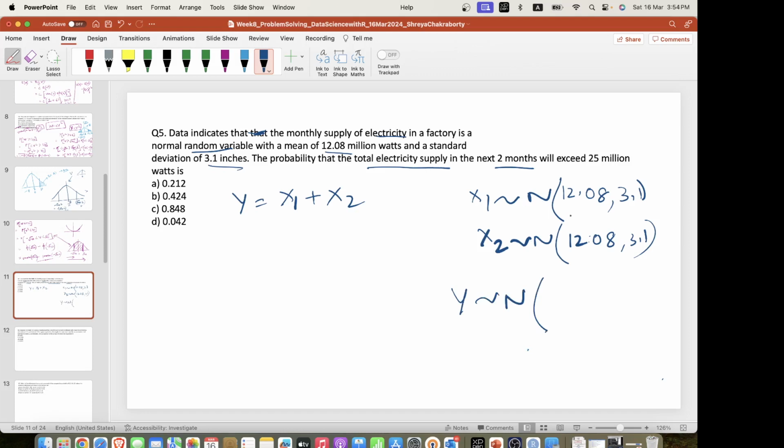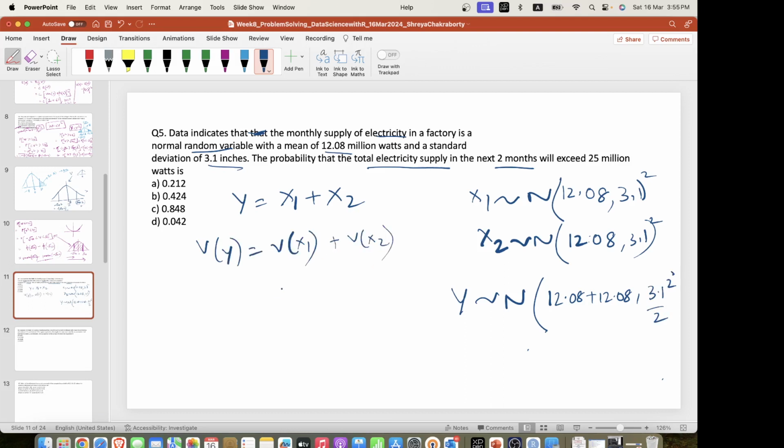The mean will be 12.08 plus 12.08, and the variance is sigma square, 3.1 square times 2, because the variance of Y is the variance of X1 plus the variance of X2, since they are independent.